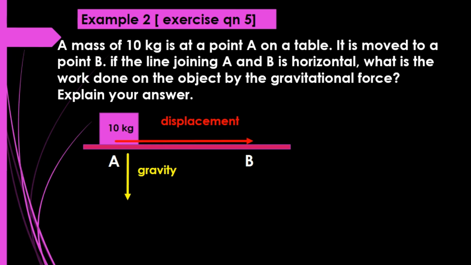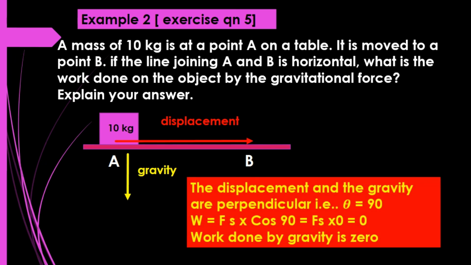And in this case, the displacement and the gravitational force are perpendicular. That is, theta is 90 degrees. Then the work done is equal to force times displacement times cos 90. The value of cos 90 degrees is 0. So the work done by gravity is 0.